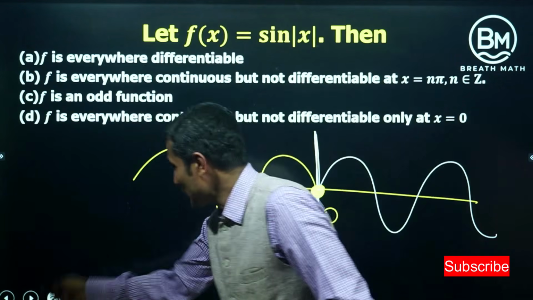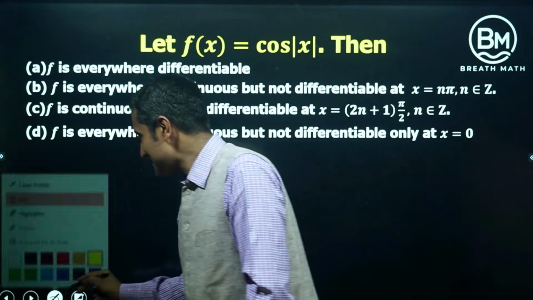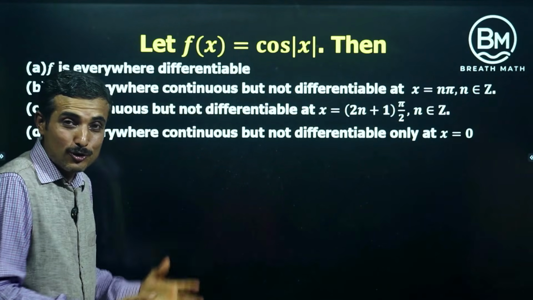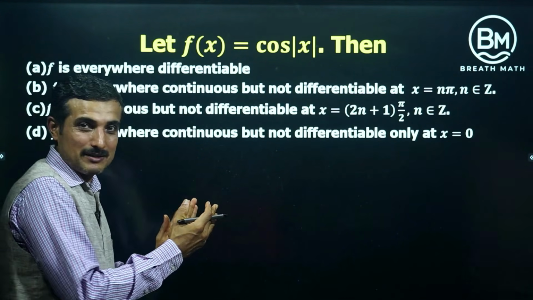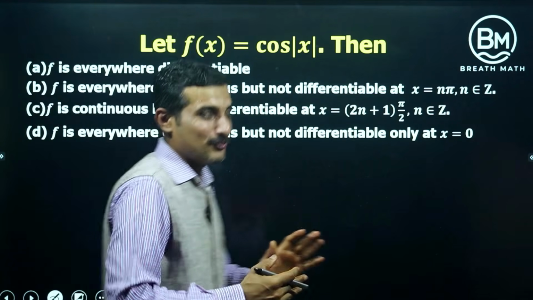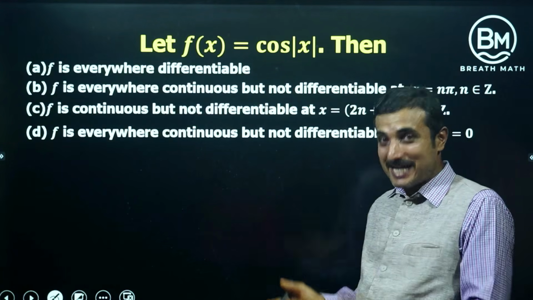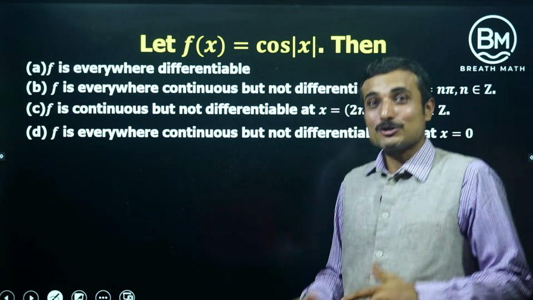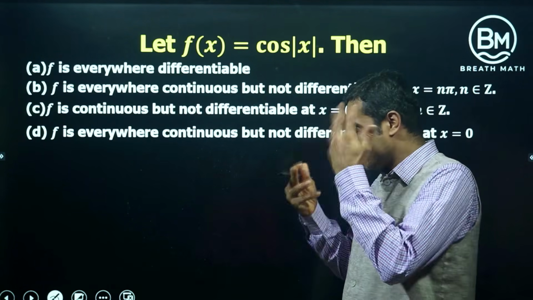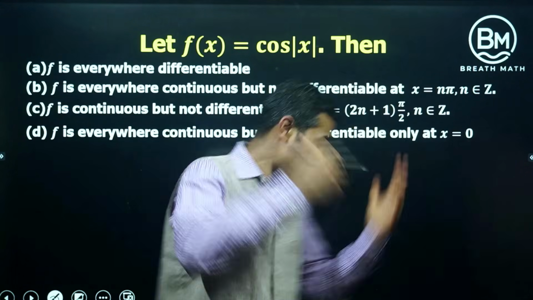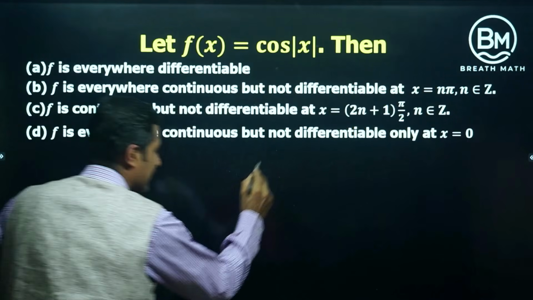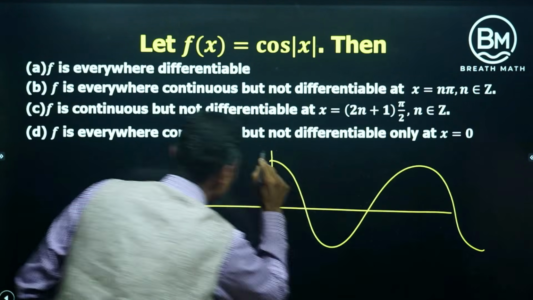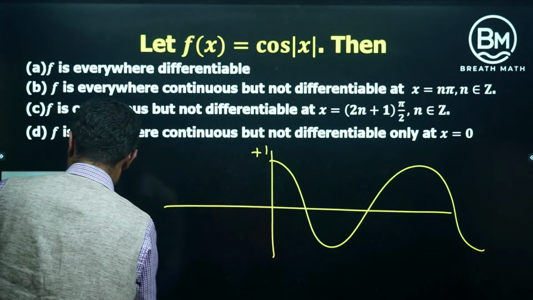Alright, next question. F of x equal to cosine of modulus x. Now how do you draw? The same principle you need to follow. You have to stand in front of the mirror, that is y-axis, and you look at your image. So right now the cos x is doing makeup. So the cos x graph goes like this. It starts from +1 and drops down.